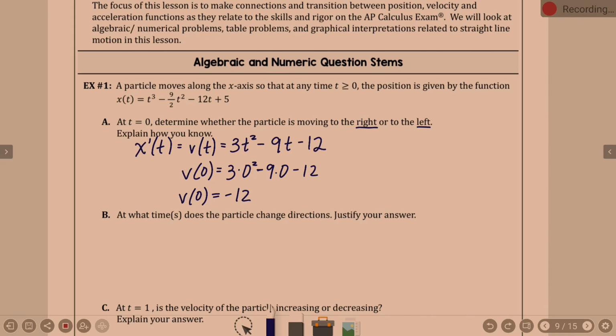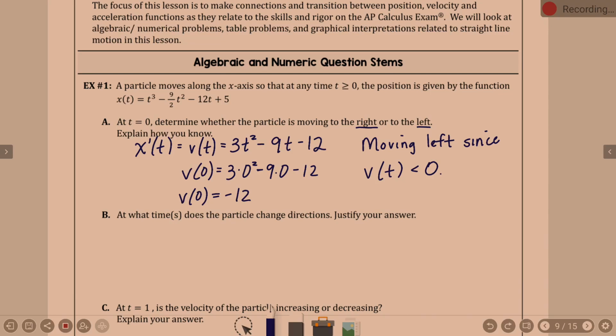So the particle's moving left because velocity is negative. Velocity is negative, or in other words, velocity is less than 0. I'm going to say moving left, since v of t is less than 0.